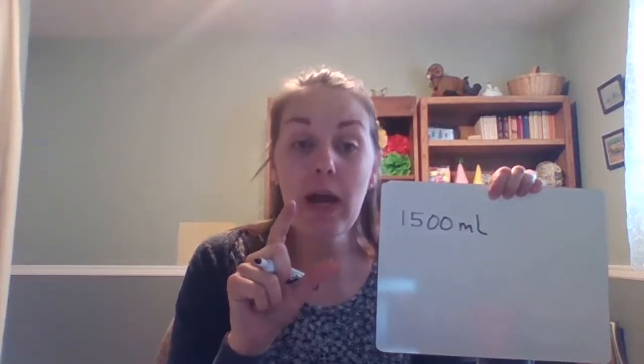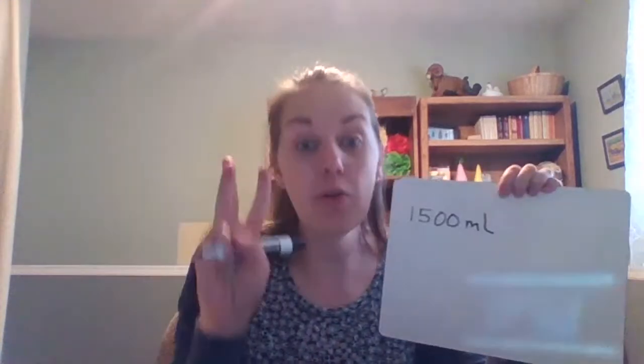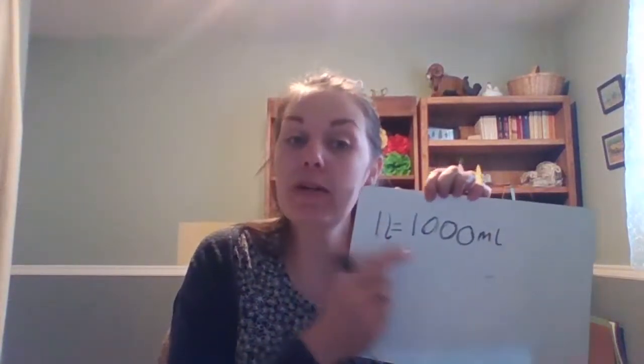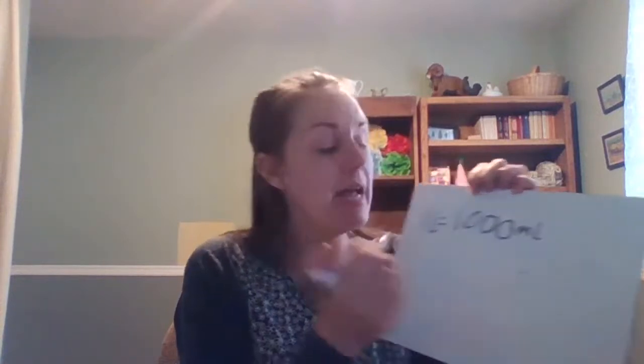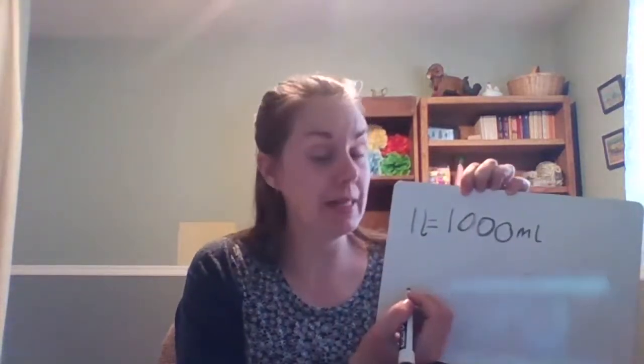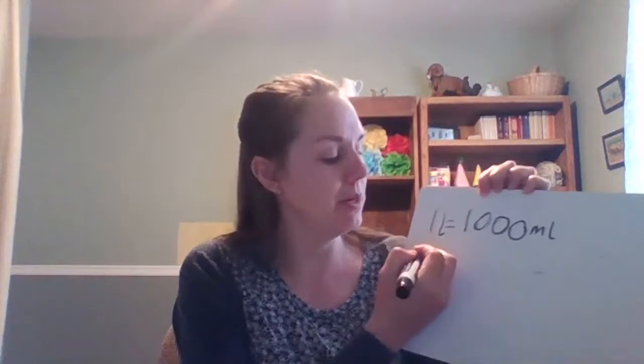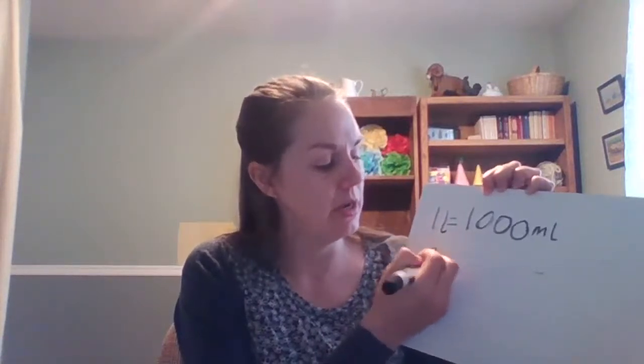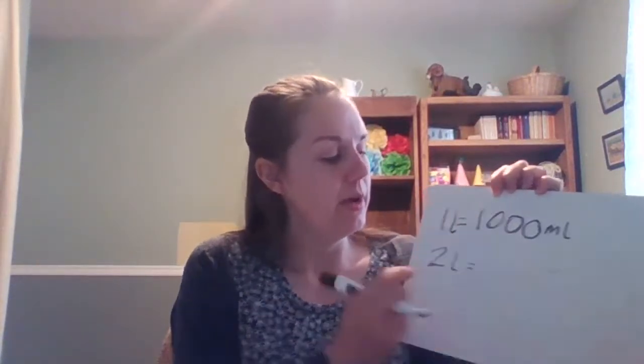But remember, we want to know how many milliliters total for all 3 bottles. So let's keep going. So now we have our first one converted into milliliters from liters. Now, I have my conversion here still. I know that 1 liter is equal to 1,000 milliliters. Now, instead of looking at 1.5 liters, I'm going to look at 2 liters. 2 liters, I know 2 is just 2 ones.